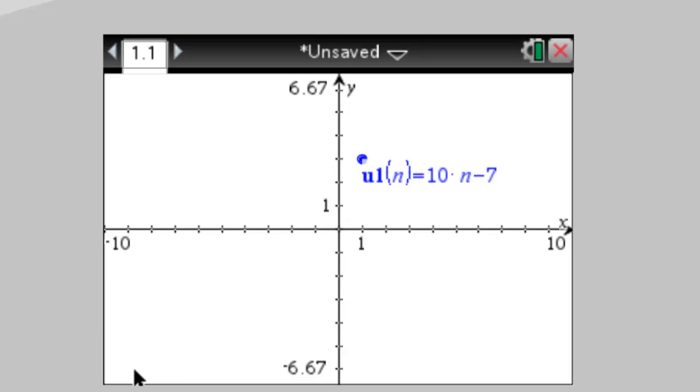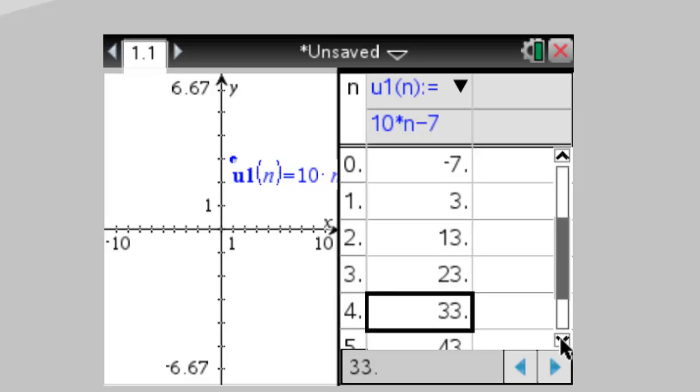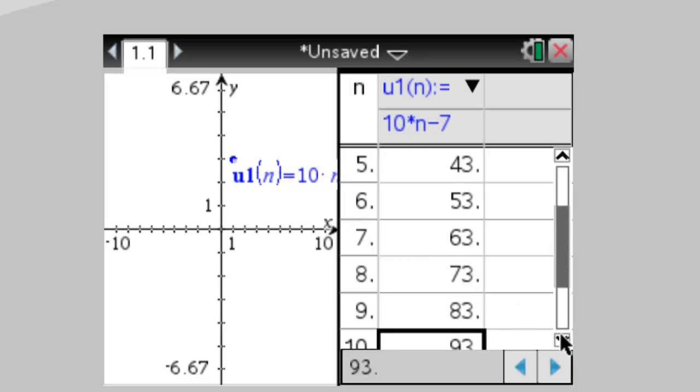Then if I hit Control T to get a table, we can see all of my answers. A sub 1 is 3, a sub 2 is 13, a sub 3 is 23, 33, 43, and there we go, the 9th term is 83, to verify my results.